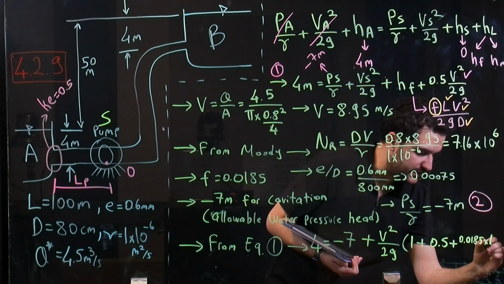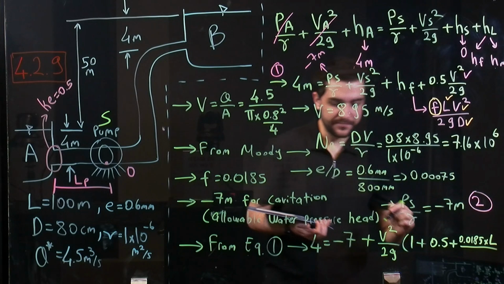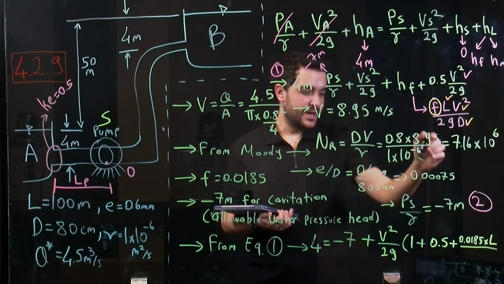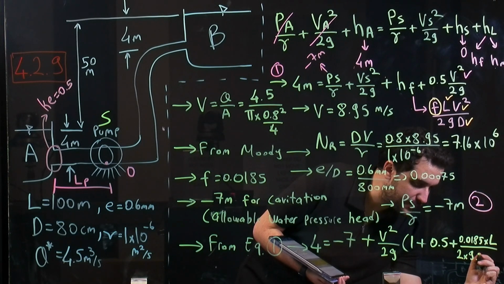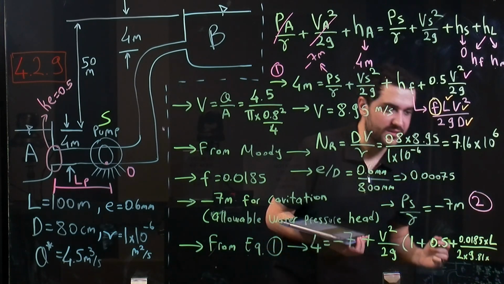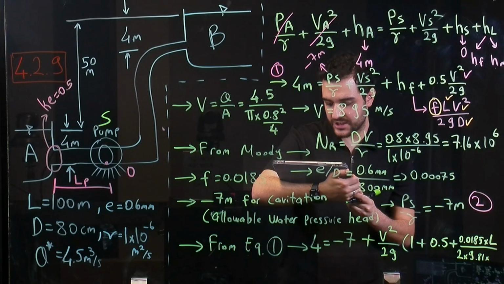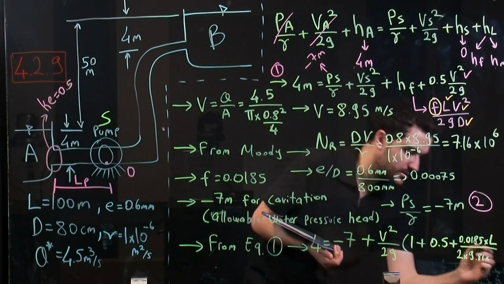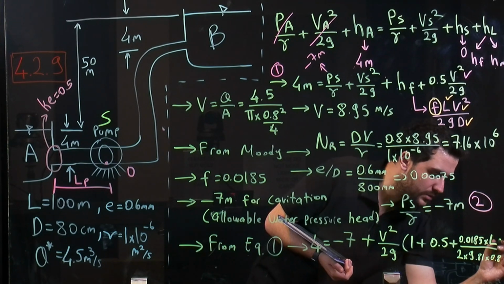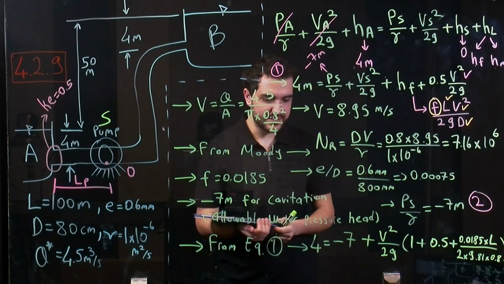So let me write L over, we have 2 times 9.81, which is the gravitational acceleration, and the d is 0.8, and we are closing parentheses.